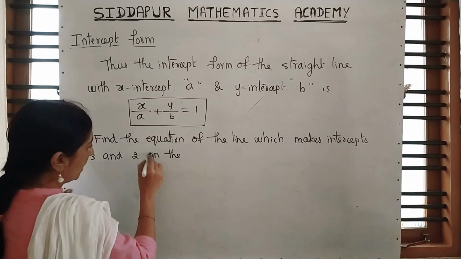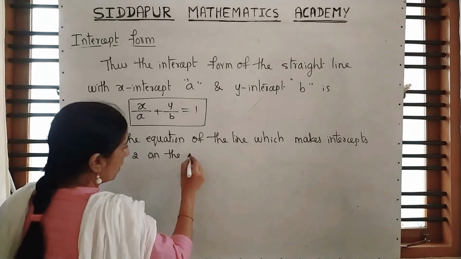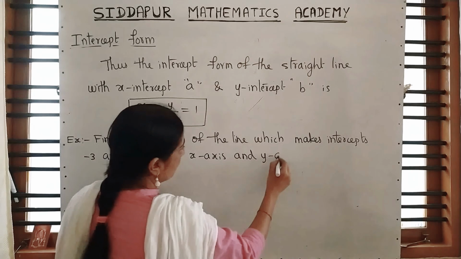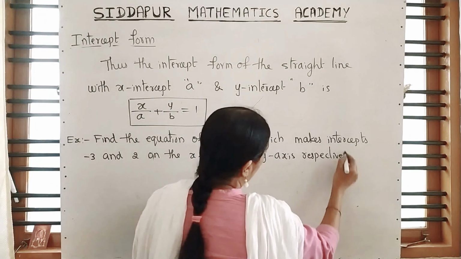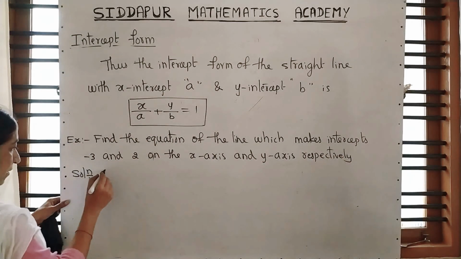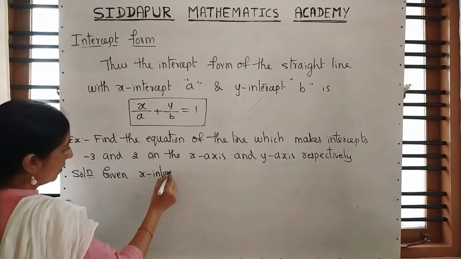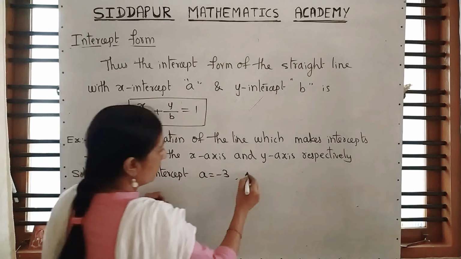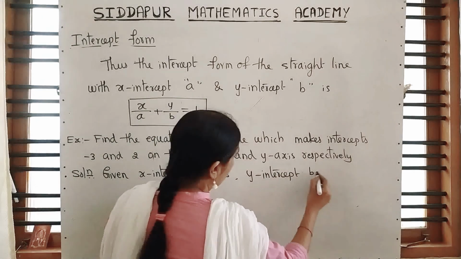That means with respect to the x and y axes, on the x-axis and y-axis respectively. Yes. What is given then? Solution. Given: x-intercept a is equal to -3, y-intercept b is equal to 2.